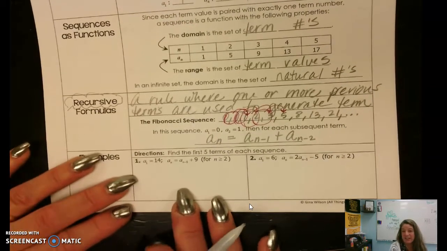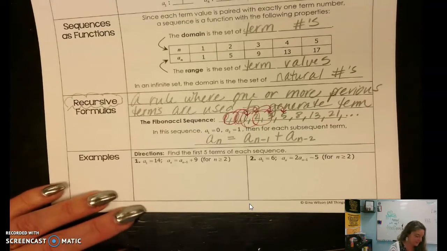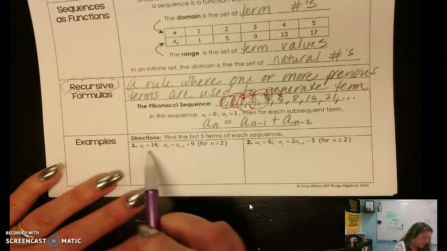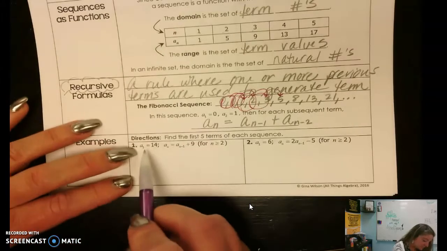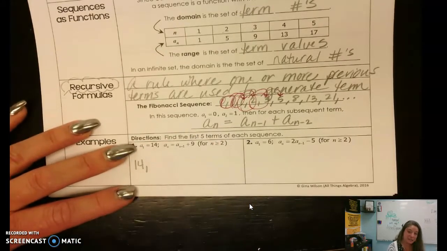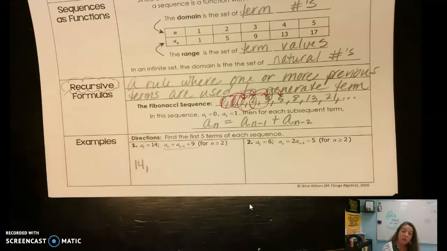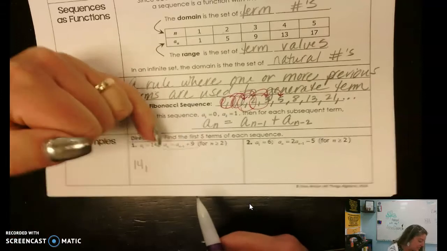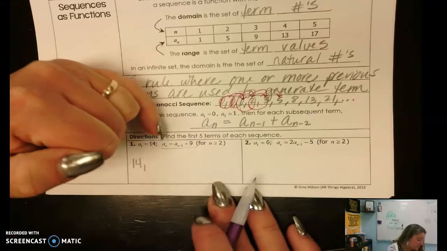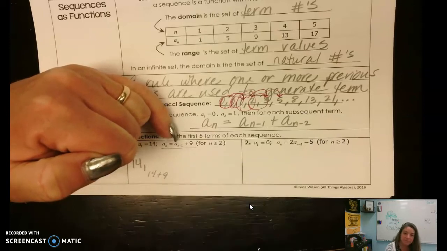All right, let's go do a couple of examples. One of the things that you're going to have to do is evaluate and list out the first 5 terms of sequences. So let's do this one. My first term is 14. My second term uses this recursive formula: for the second term, I'm going to do the first term plus 9.